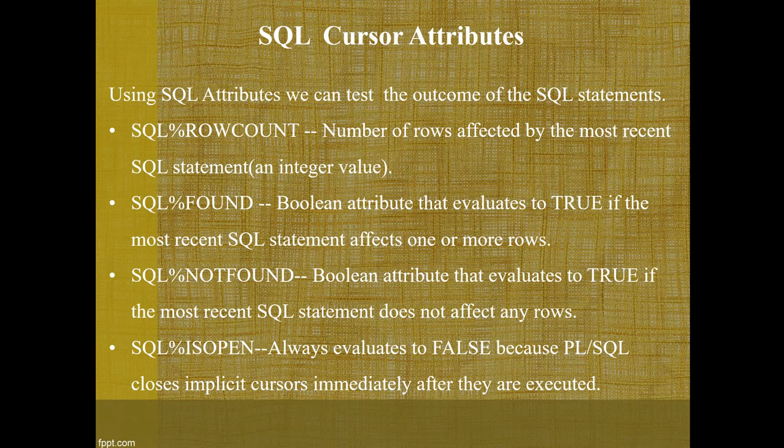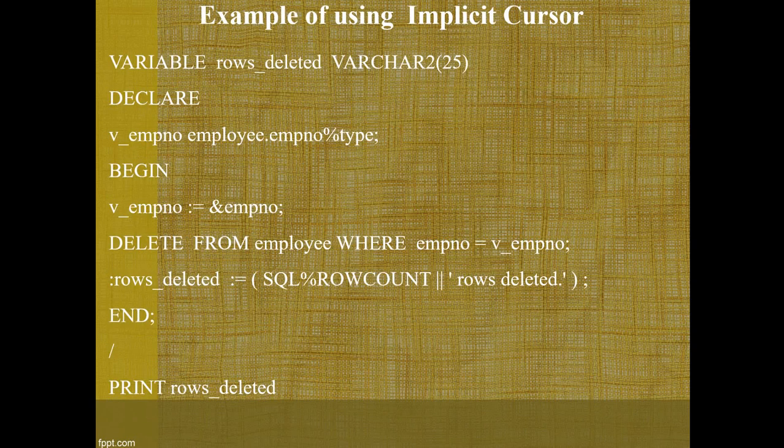So in an implicit cursor, it always evaluates to false. But in an explicit cursor, the programmer or the user has to close the cursor. So at that time it may return true. But in an implicit cursor, it always returns false. So these are the four cursor attributes used along with the cursor.